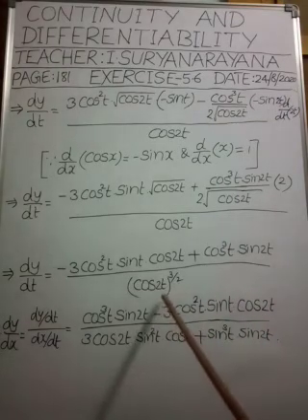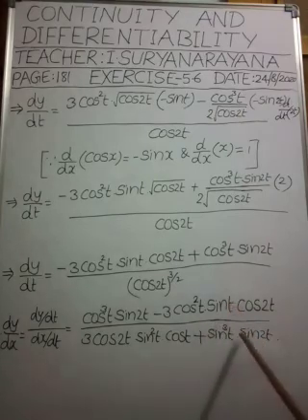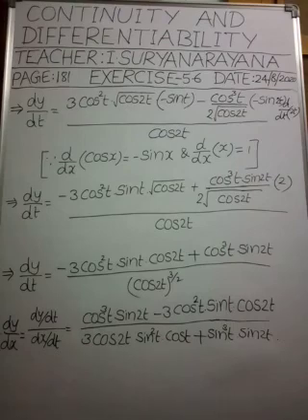Here cos 2t whole power 3 by 2 gets cancelled. Okay, my children, I simplified that one and directly I wrote this step. Understood this step, my children? Right. This is the value of dy by dx. Okay, my children? Right.